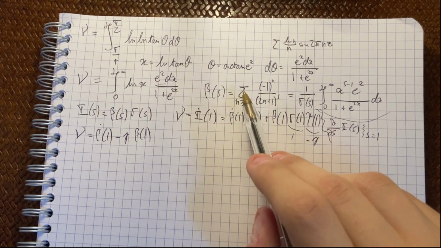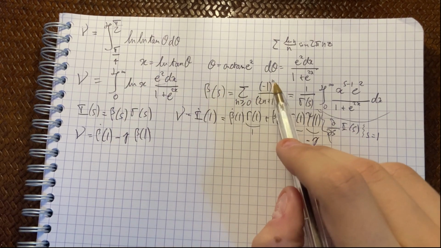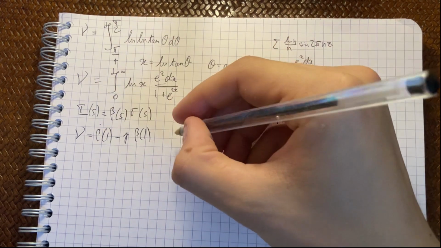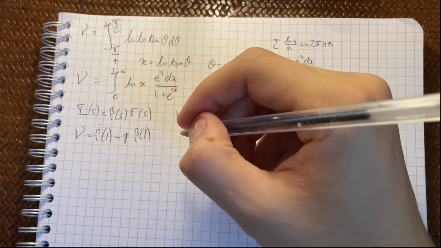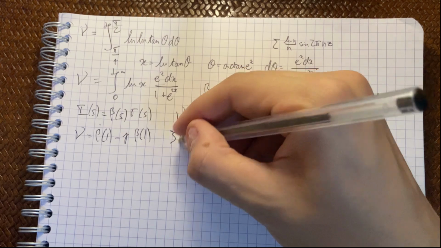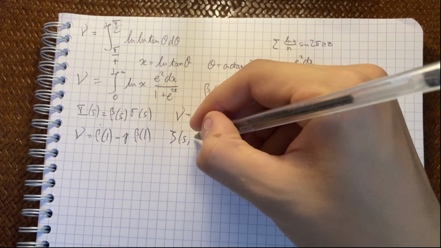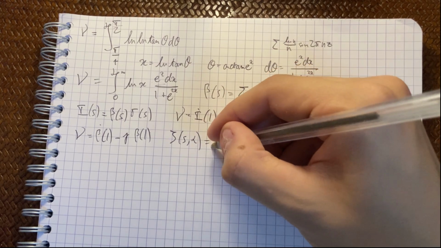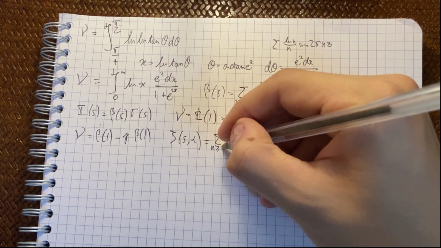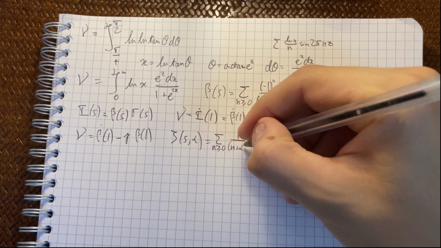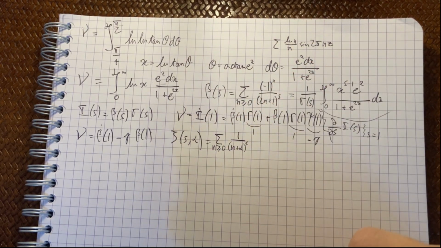Beta of s equals the sum of negative 1 to the nth power by 2n plus 1 to the s. And the Hurwitz zeta function is defined, for two arguments s and alpha, by the sum for n starting at 0 of 1 by n plus alpha to the s power.